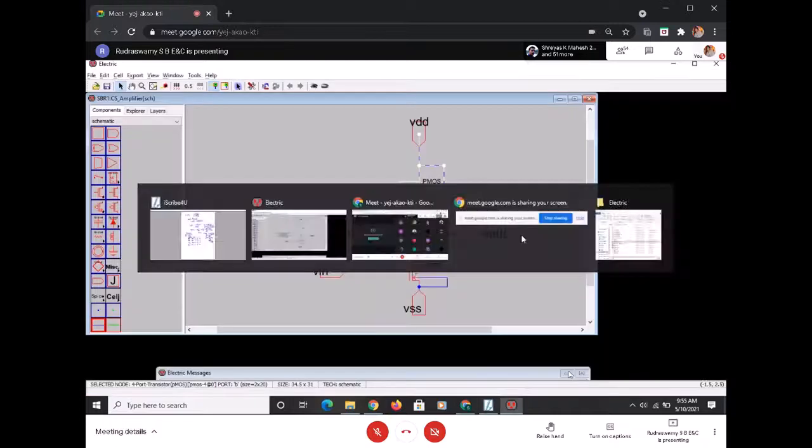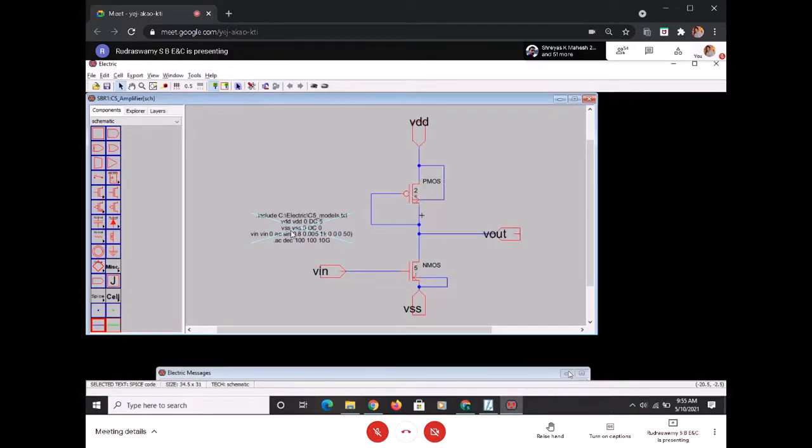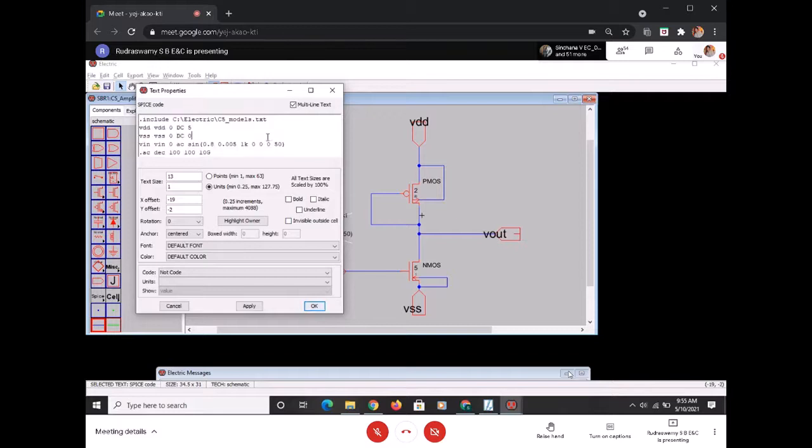Now we just try to run this. This is what we have: dot include, all these things, VSS, Vin. Vin is 0 to DC.